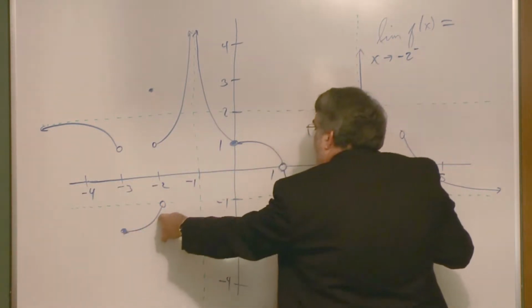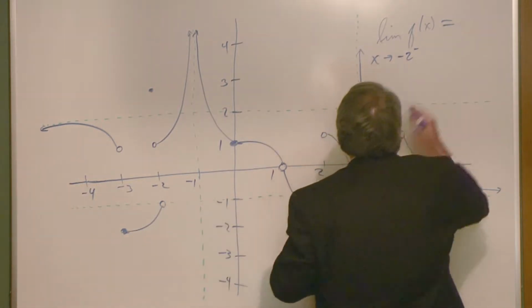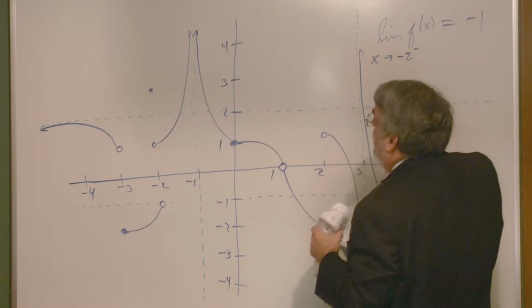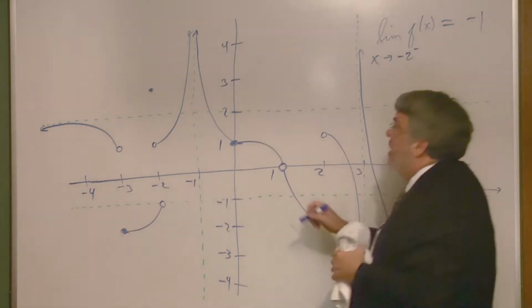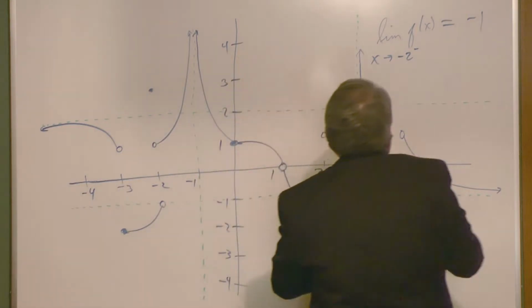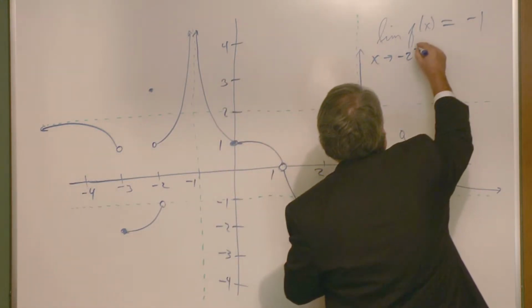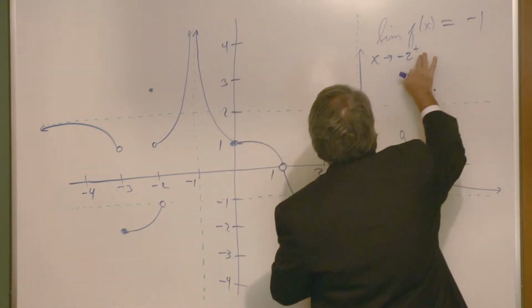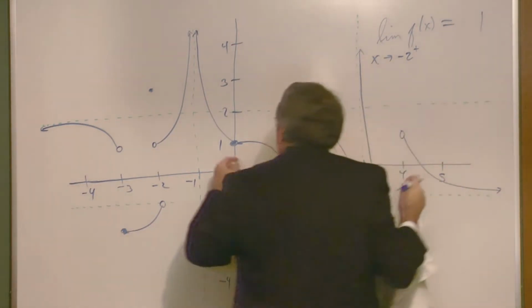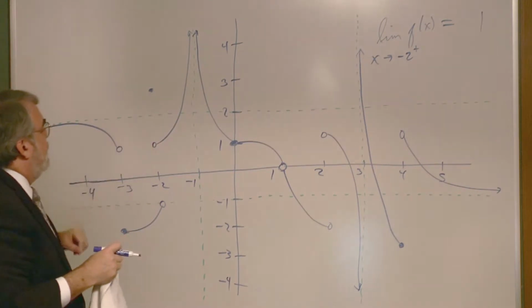Because it comes up to here, it just approaches this hole in the graph. So that's minus 1. As x approaches negative 2 from the right side, it comes down and gets close to positive 1. So if I change this to the right side, then it becomes positive 1. So my limit is positive 1.